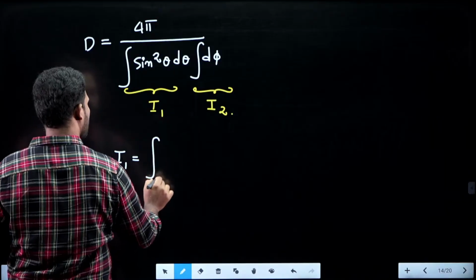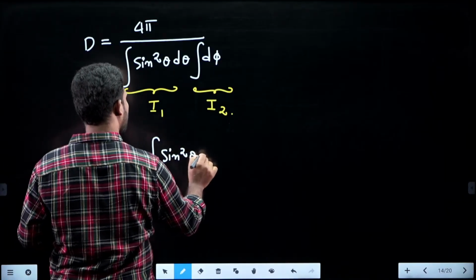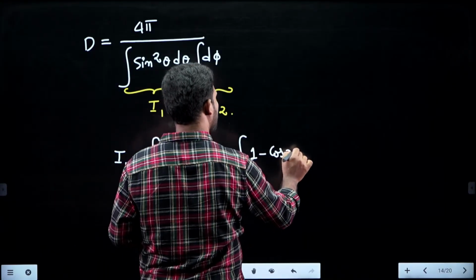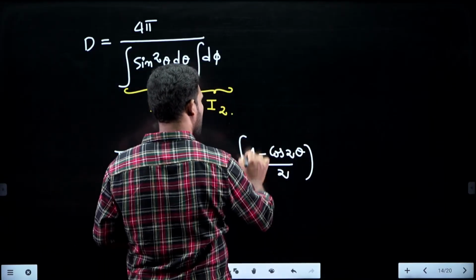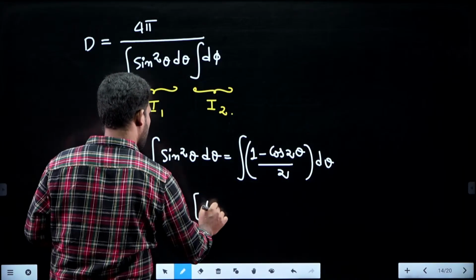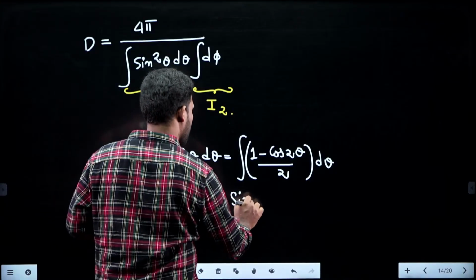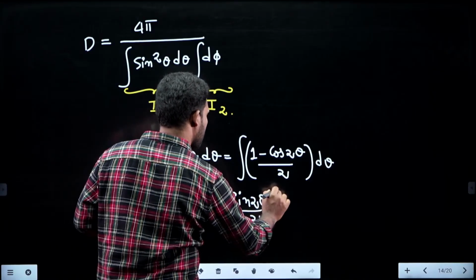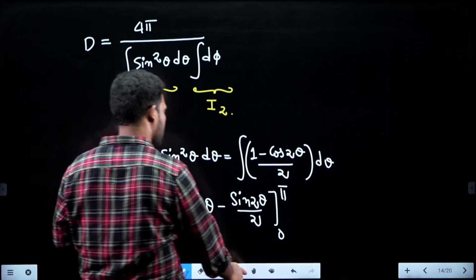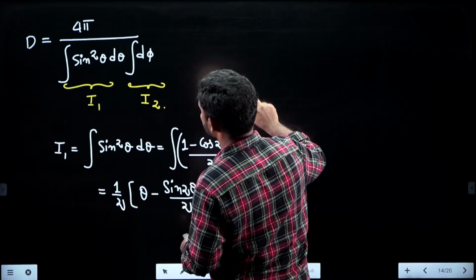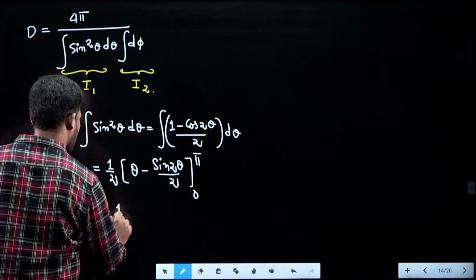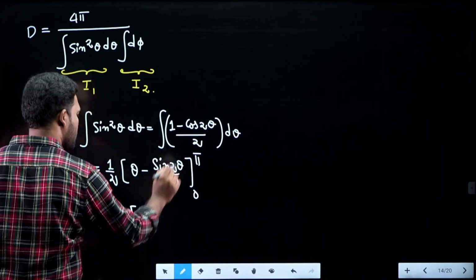It is the integral of sin square theta d theta, which can be written as 1 minus cos 2 theta by 2 into d theta, which gives 1 by 2 into theta minus sin 2 theta by 2, where theta ranges from 0 to pi. Upper limit minus lower limit: the upper limit is pi, the lower limit is 0. So, it is pi by 2.